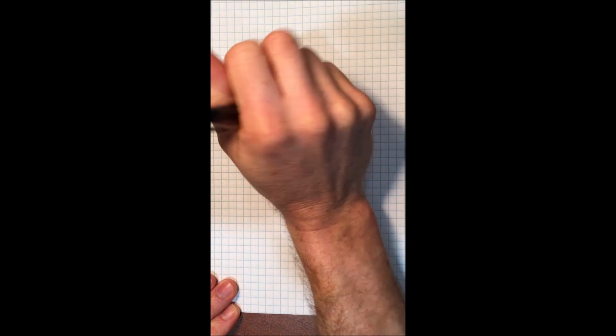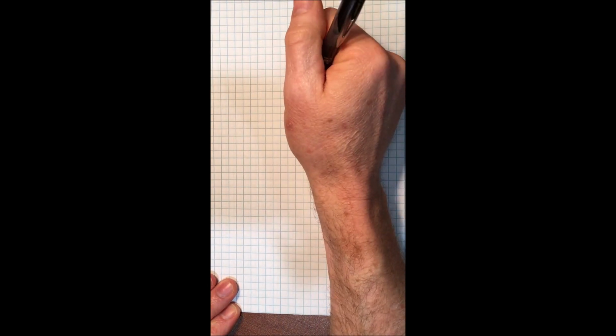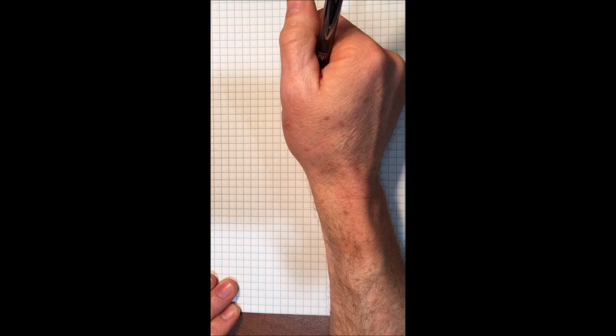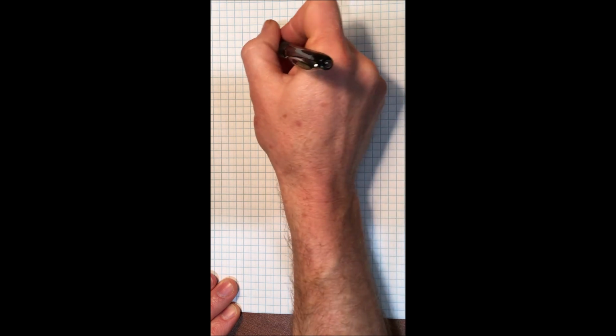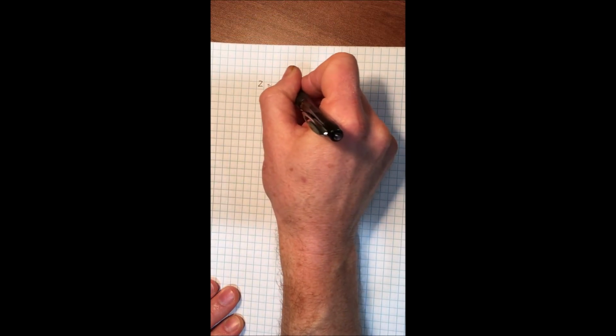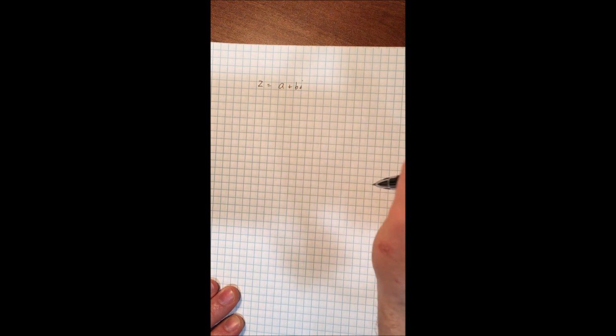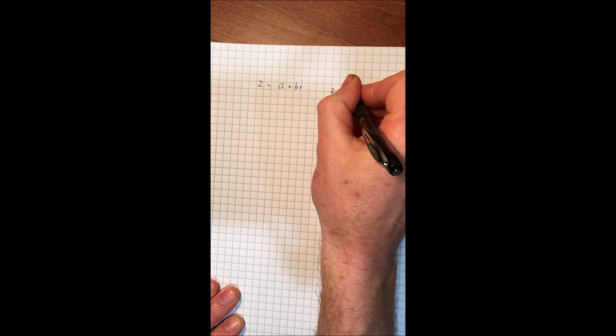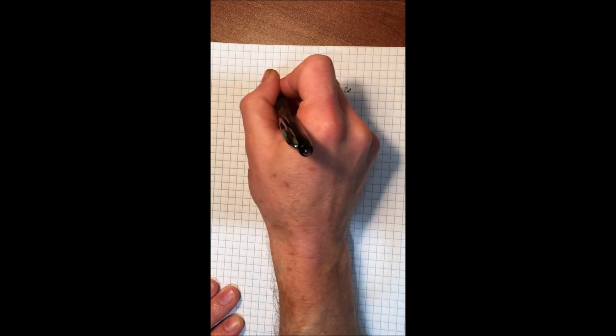This time it says show the points represented. So it says that z is equal to a plus bi. And then it says that there's a second number, z minus 2a.